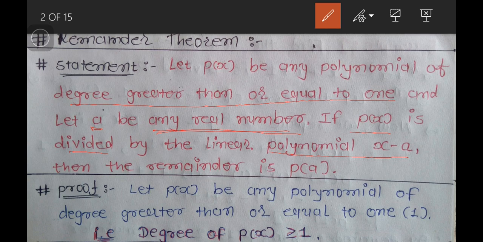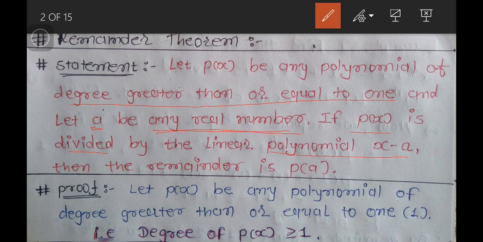We know that a linear polynomial has degree 1. So if p of x has degree equal to or greater than the degree of the linear polynomial, we can divide p of x by x minus a.